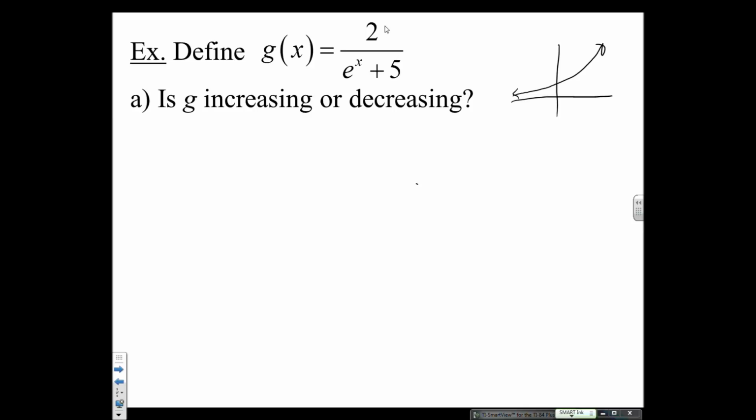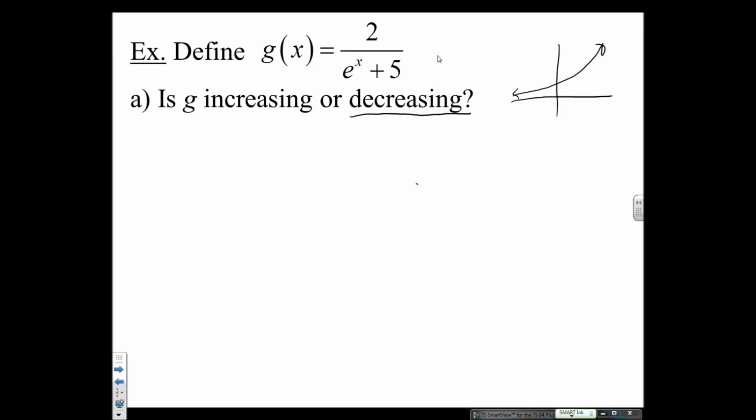If you've got 2 divided by a number that's getting bigger and bigger, 2 over 100, 2 over 1,000, 2 over a million, 2 over a trillion, as the bottom gets bigger and bigger, the whole thing is going to become smaller and smaller. So g of x is a decreasing function. And notice that because e to the x is always increasing, no matter what x I choose, g of x is always decreasing.